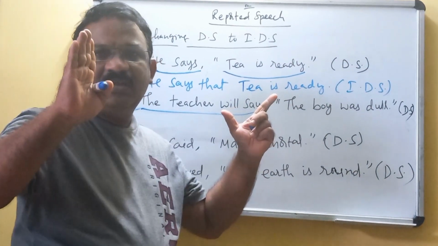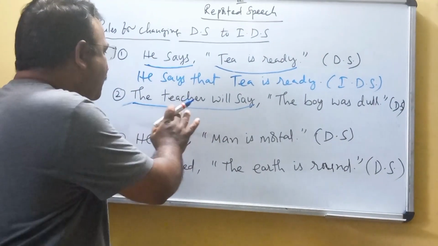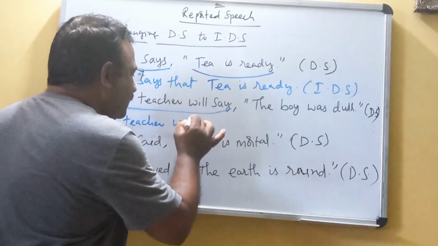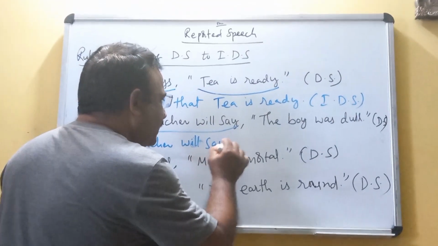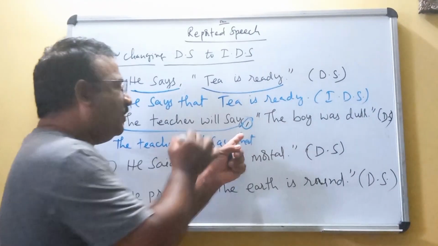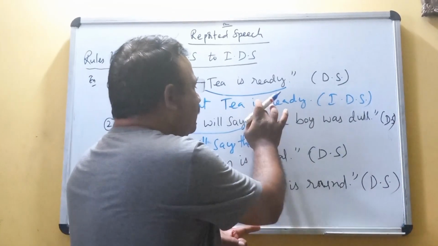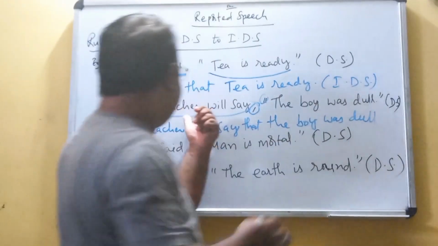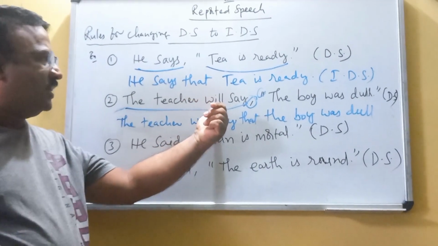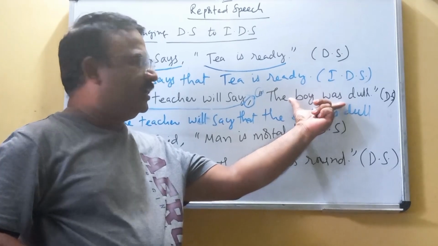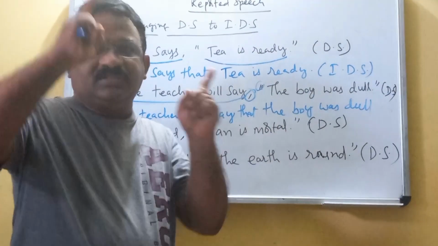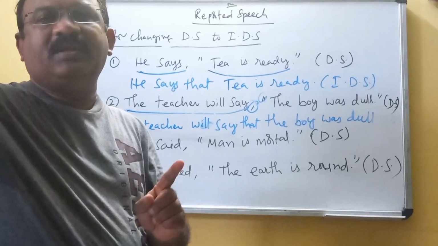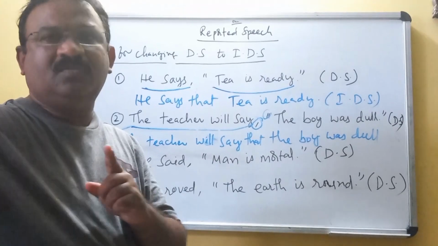So the answer: the teacher will say that the boy was dull. You have to remove the comma, put the conjunction 'that', and remove the inverted commas. When the reporting verb is in the future tense, the reported part will be unchanged. Only when the verb is in the past tense will the tense of the direct speech be changed when it changes into indirect speech.